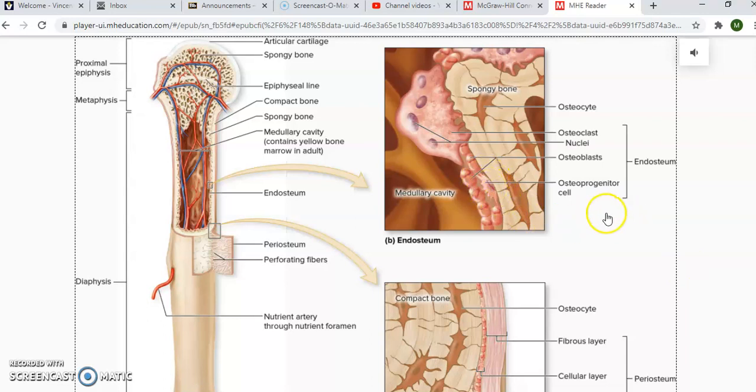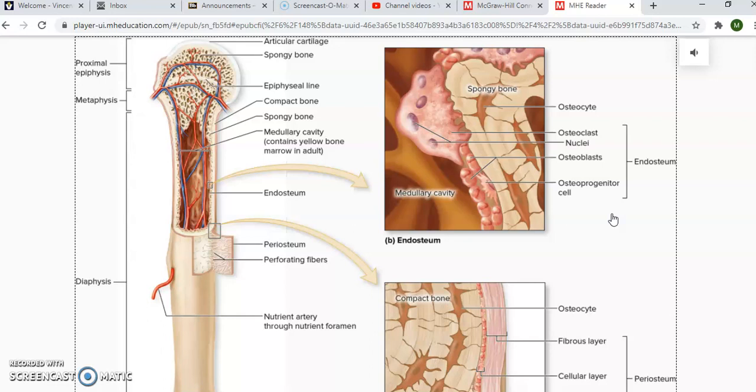That little cell works similar to our stratum basale cells in our integumentary system. Remember the stratum basale cells that were the deepest layer in our epidermis? Their whole function was just to undergo mitosis and produce a new keratinocyte. Remember when any cell undergoes mitosis, it produces two daughter cells that are genetically identical to itself.